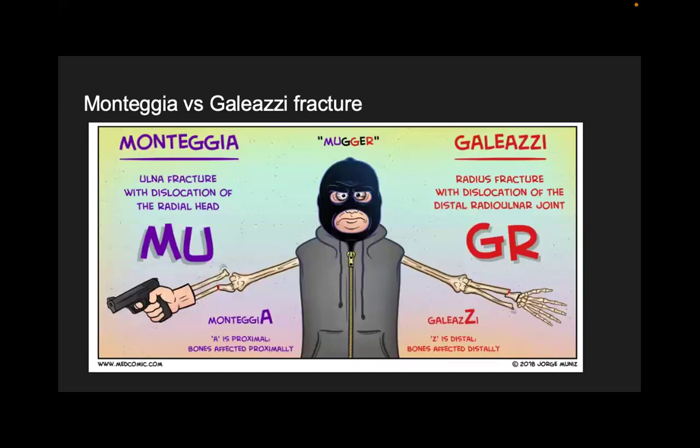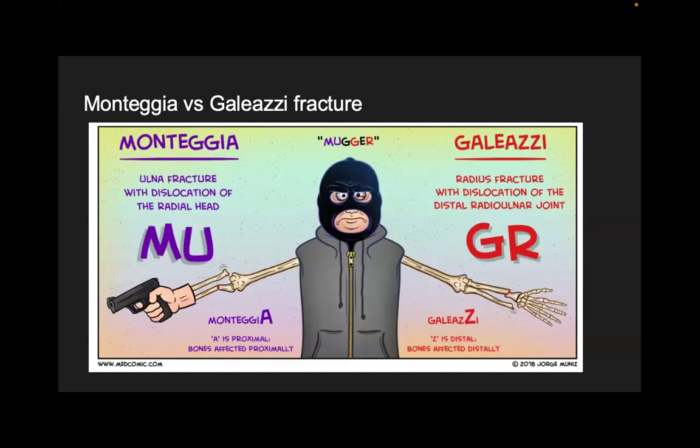So the next two types of fractures, this is kind of like a little mnemonic to help you. They're both types of forearm fractures. One's the Monteggia and the other one's the Galeazzi fracture, okay? So a Monteggia fracture is, if you remember the letters MU versus GR, a fracture of the ulna with displacement of the radial head proximally.